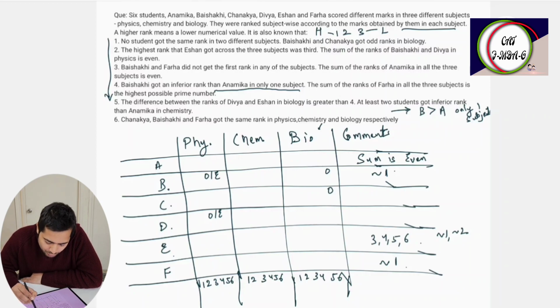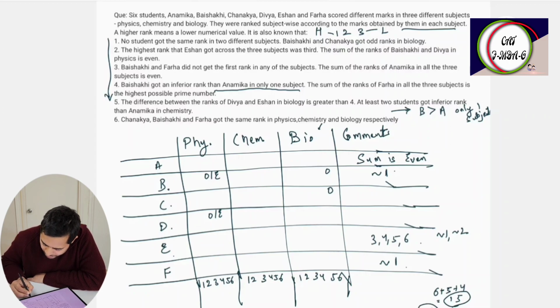The sum of the ranks of Farah in all the three subjects is the highest possible prime number. So what can be the highest possible sum of the ranks given? It can be 6 plus 5 plus 4, which is equal to 15. So the highest prime number less than 15 is 13. It can be done in two ways: 6 plus 5 plus 2 is equal to 13, or 6 plus 4 plus 3 is also equal to 13.